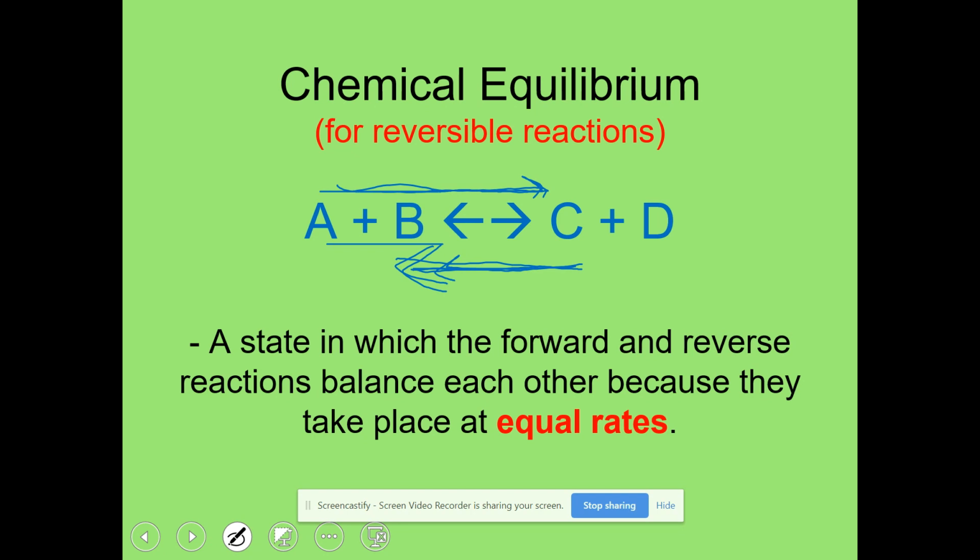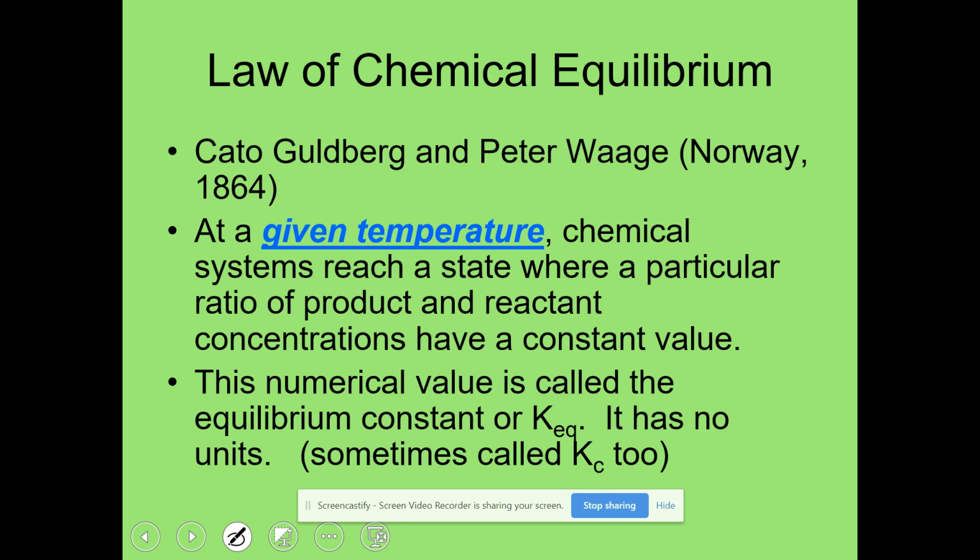So this phenomenon was first noticed in the 1800s by scientists who noticed that if you hold the temperature steady, because changing the temperature, and we're going to learn that a little bit later, can affect the ratio of C and D to A and B. But if you hold the temperature steady, a chemical system of reactants and products is going to reach a state where the ratio of product to reactant has a constant value.